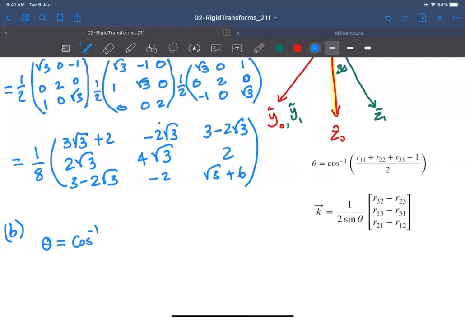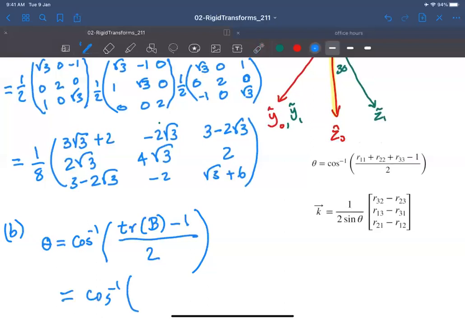cosine inverse, and this is going to be the trace of B, which is this matrix here. The trace of B is nothing but the sum of the diagonal elements. Subtract 1 from that, and then divide everything by 2. To do this, you need to find the trace first.